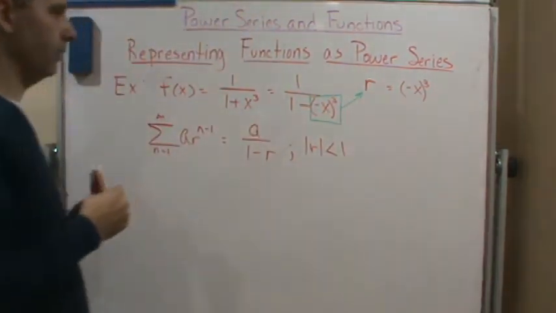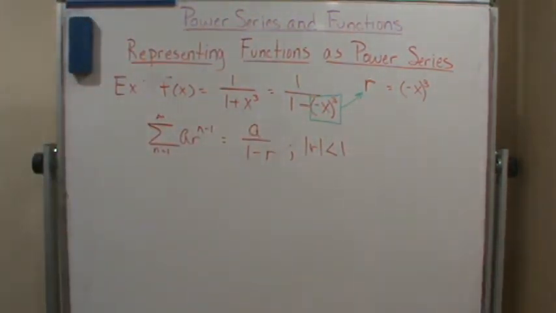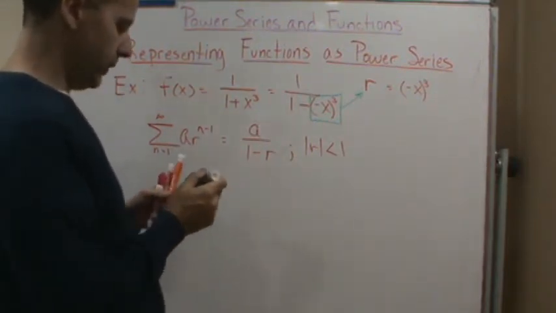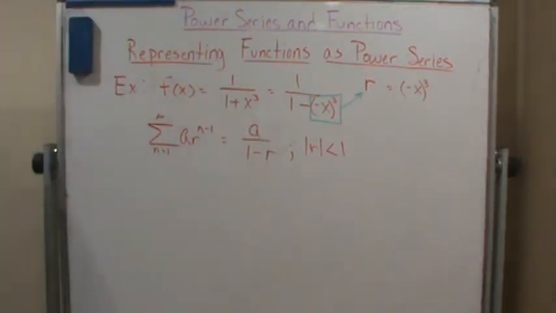So that's my r. Which means I want the absolute value of r to be less than 1, and I know that will be convergent.